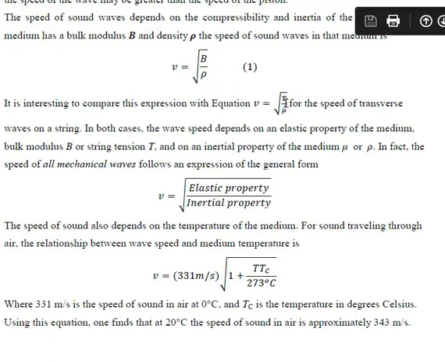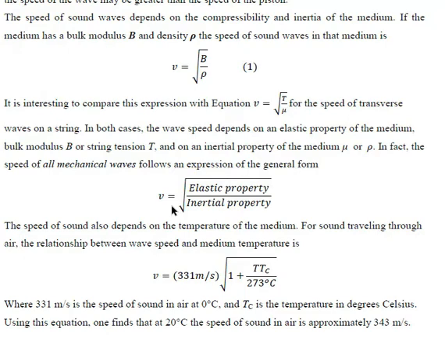Similarly, over here the tension is an elastic property and mu is an inertial property again. So in general, all mechanical waves follow a general expression of the form v, the speed of the wave, equals the square root of an elastic property divided by some inertial property.